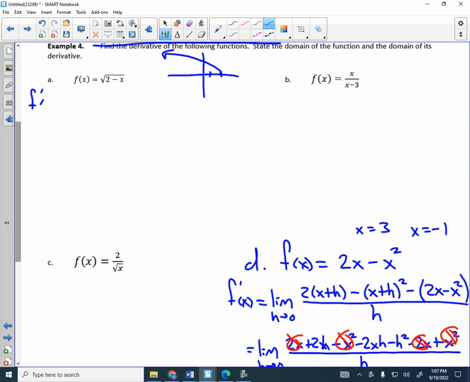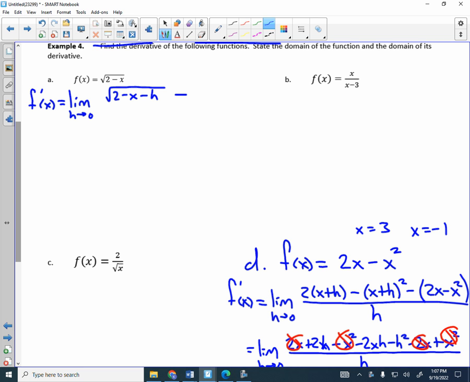The derivative is equal to the limit as h goes to 0 of, and what do we do? Good. So if I plug in x plus h, I will get the square root of 2 minus x minus h. Right?